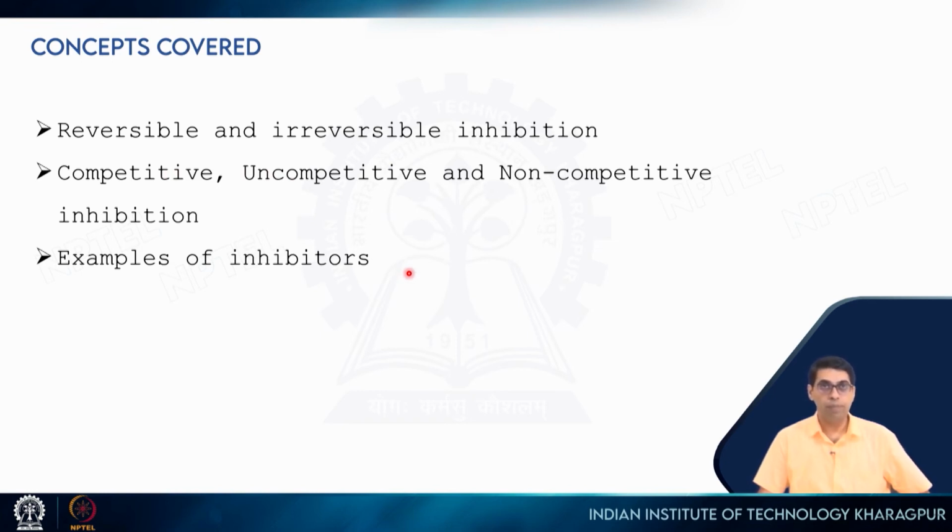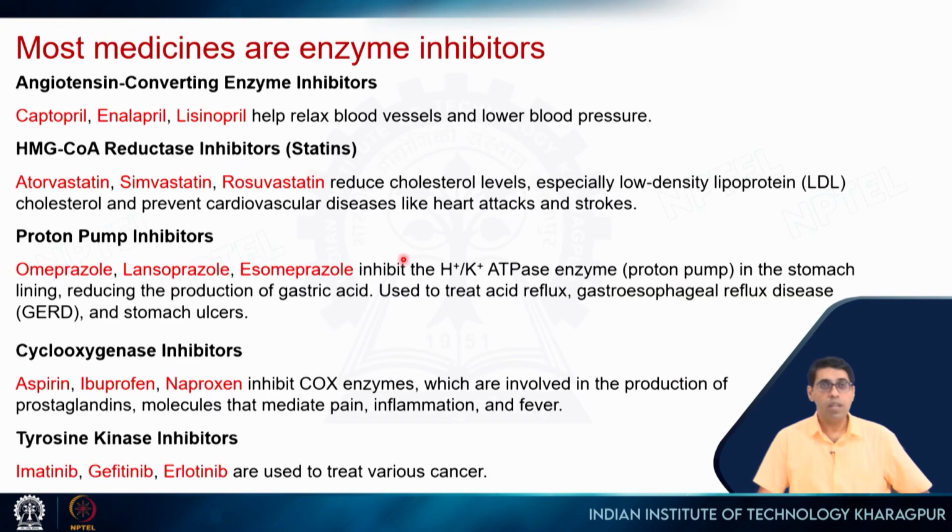Inhibitors are very important, and it turns out that most medicines that we take on a regular basis are inhibitors of different types of enzymes. Not all medicines are inhibitors, but most of them are, and I have listed a few examples here. For example, angiotensin converting enzyme inhibitors are captopril, enalapril, lisinopril.